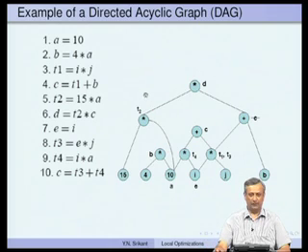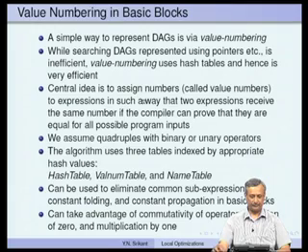Now let us see how to implement this type of a scheme to carry out some of the local optimizations. Value numbering is a simple way to represent DAGs, and while searching the directed acyclic graphs, if we represent them using pointers etc., it is extremely inefficient.